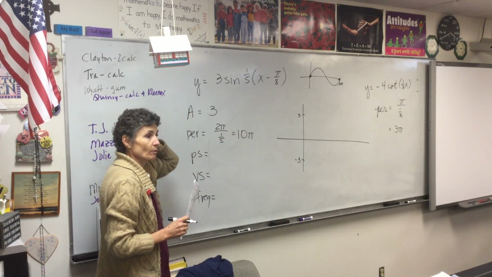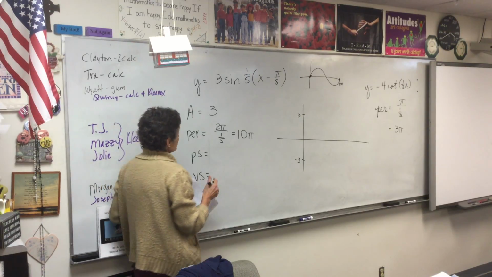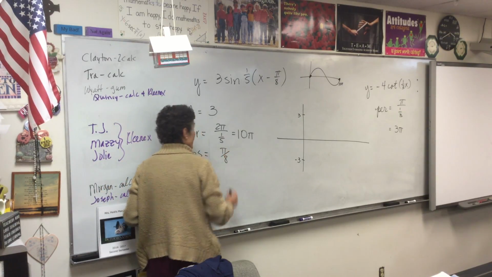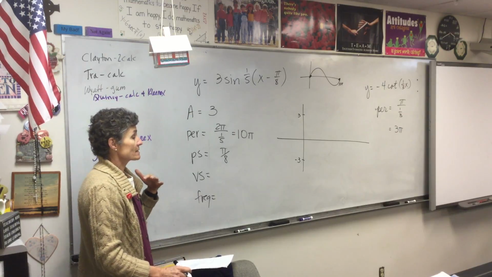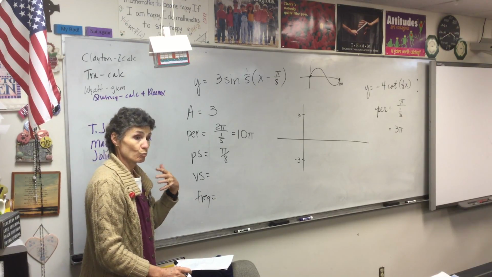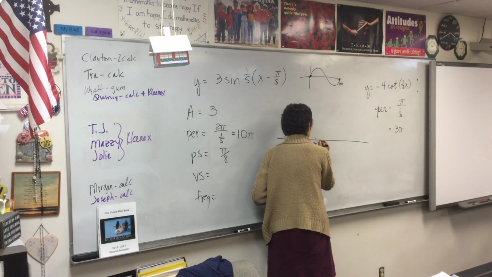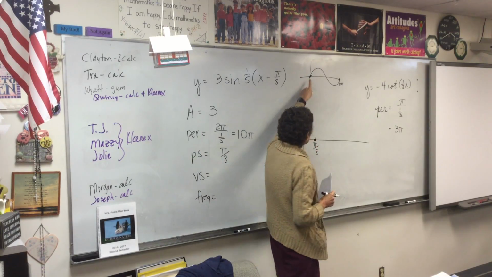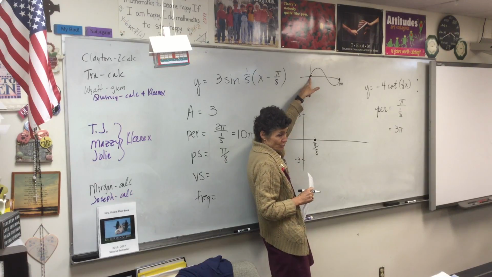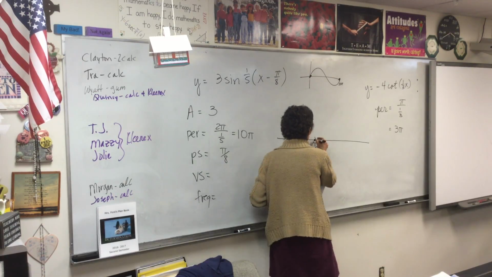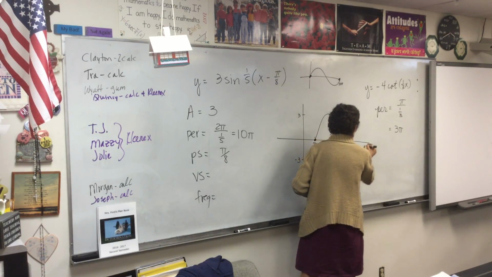All right, what else do I know? Phase shift is positive pi over 8, which means I'm moving to the right pi over 8. So this is going to be pi over 8. So the curve, instead of starting where it's supposed to, is now going to start over here.